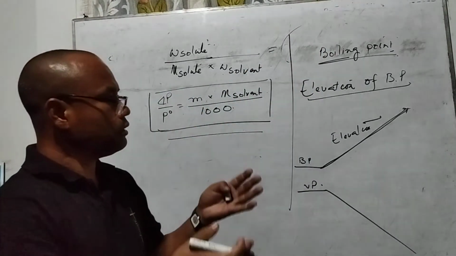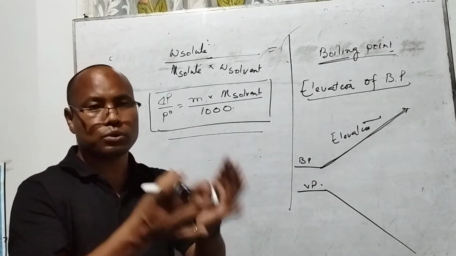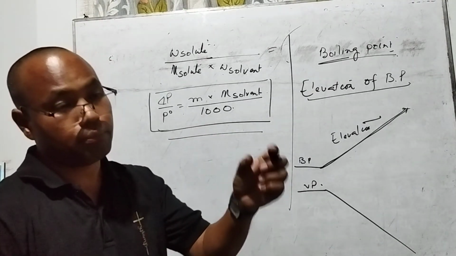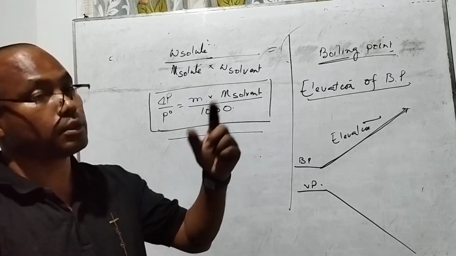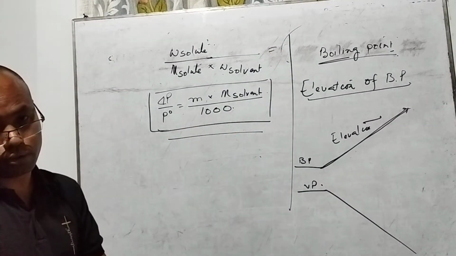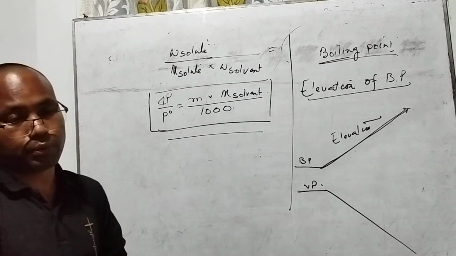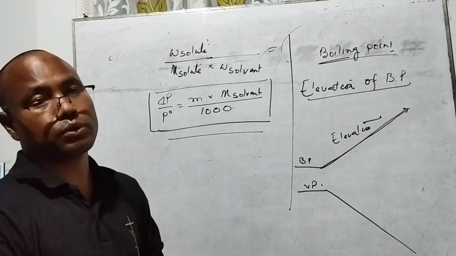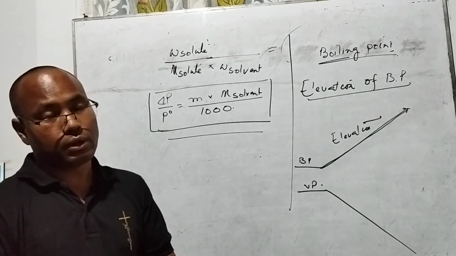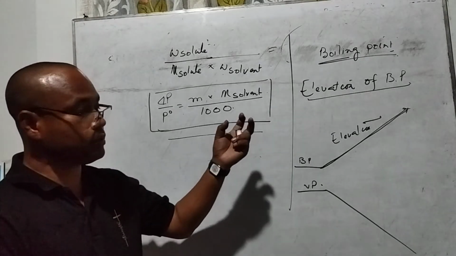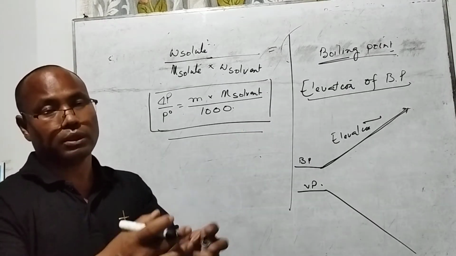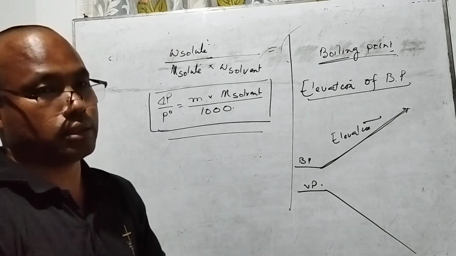And number two, this elevation of the boiling point also depends on the number of moles of the solute, as we expressed for the vapor pressure. And here this elevation of the boiling point we also express in terms of concentration, which is also molarity, right?